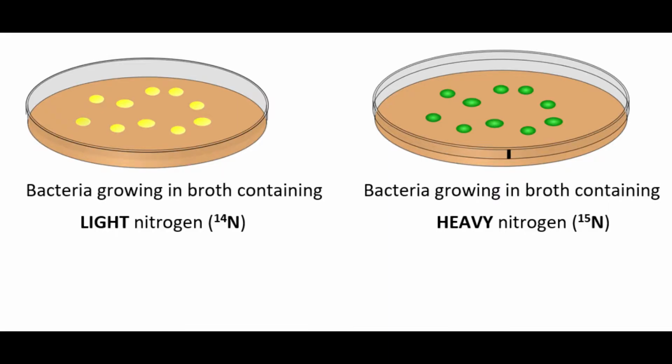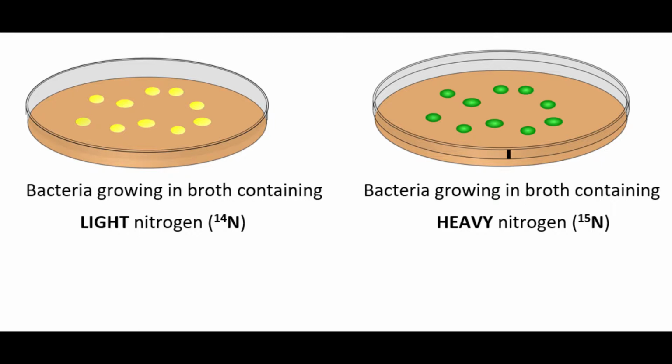Meselson and Stahl grew 2 colonies of bacteria. One colony was grown in nutrient broth, which only contained a light isotope of nitrogen, that's nitrogen 14. And the other was grown in a nutrient broth that only contained heavy nitrogen, that's nitrogen 15.